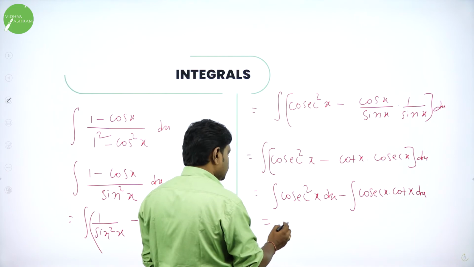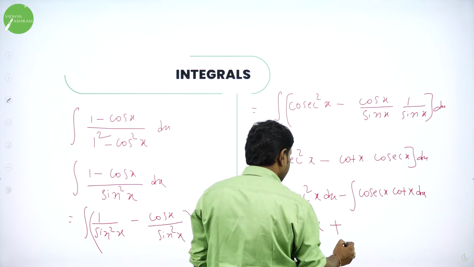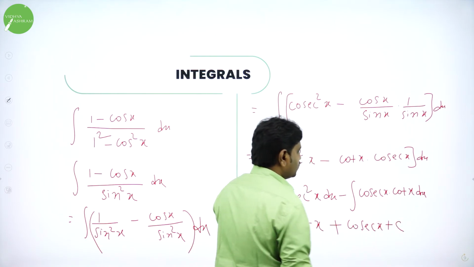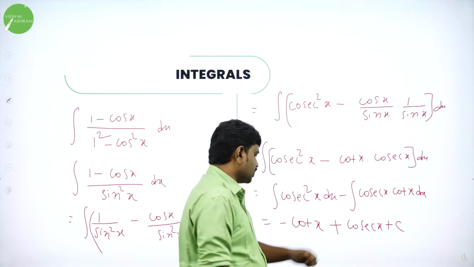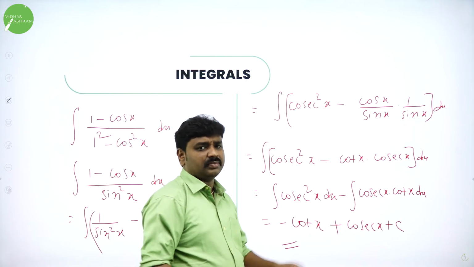You know, integration of cosecant square x is minus cot x. Minus of minus becomes plus cosecant x plus c. Integration of cosecant x into cot x is minus cosecant x. Already one minus is there. Minus of minus becomes plus, and you can rewrite it as cosecant minus cot, or minus cot plus cosecant plus c.